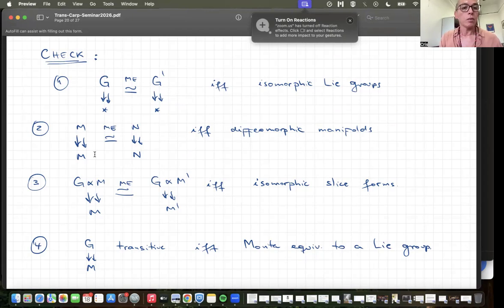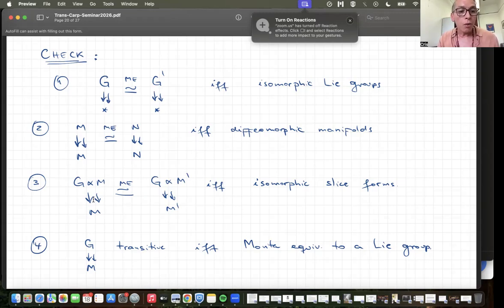And if you look at manifolds as groupoids, you see a manifold M as a groupoid over itself, and a manifold N as a groupoid over itself. These two groupoids are Morita equivalent if and only if the corresponding manifolds are diffeomorphic. So Morita equivalence in this sense recovers the way we identify Lie groups and we identify manifolds.